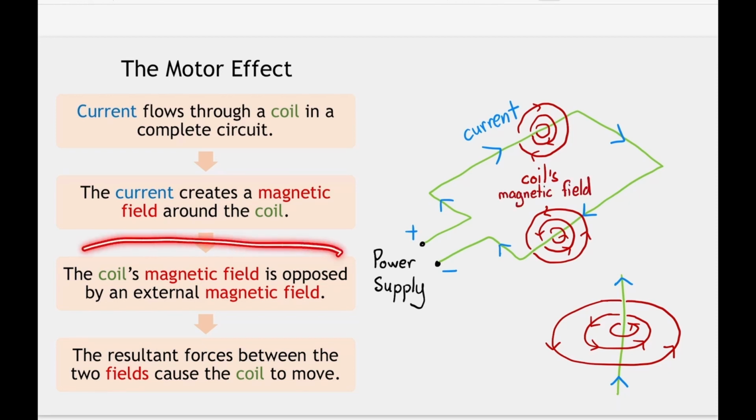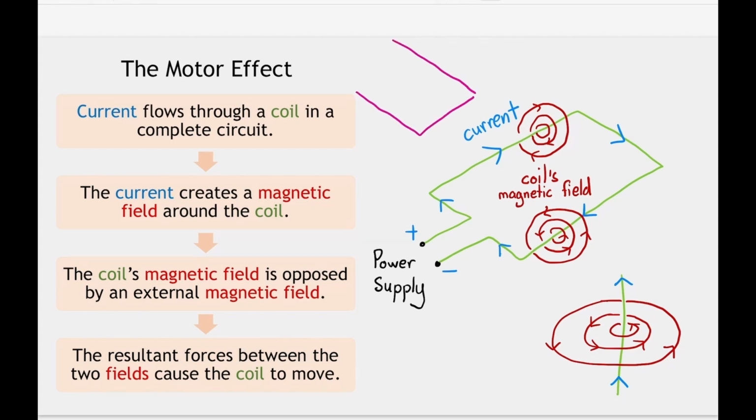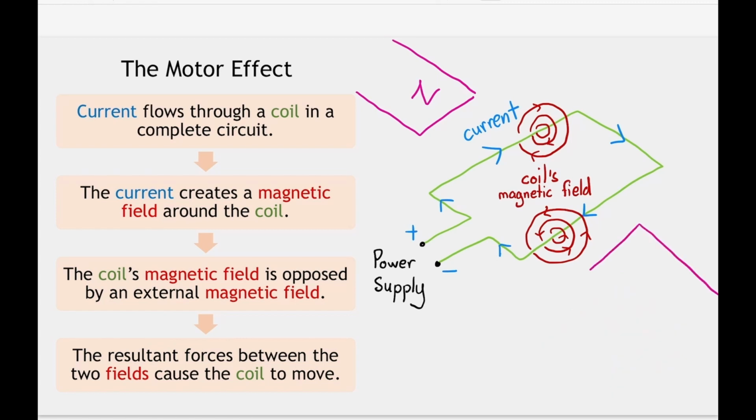In the next step, we introduce an external magnetic field. This is typically created by placing permanent magnets on either side of the coil, shown here by the large north and south poles in pink. This external magnetic field runs straight through the coil, going from north to south.